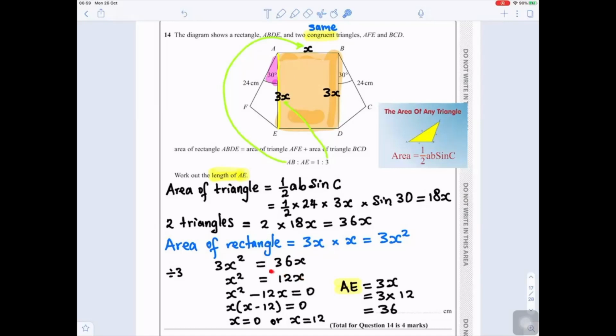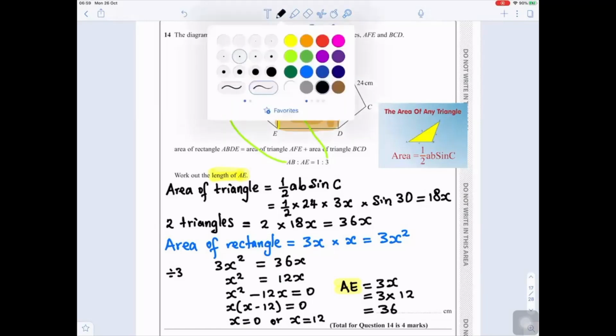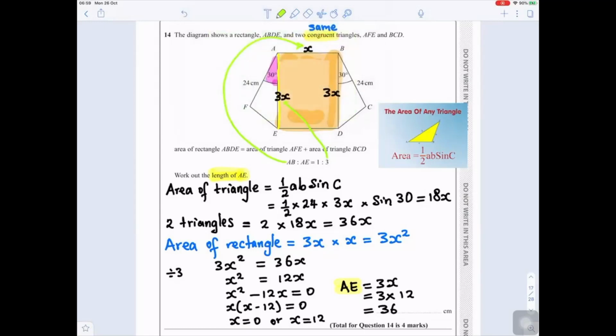Now you bring the 12x to the left side, which I'll indicate with this green color. It becomes minus 12x. So x squared minus 12x equals 0.